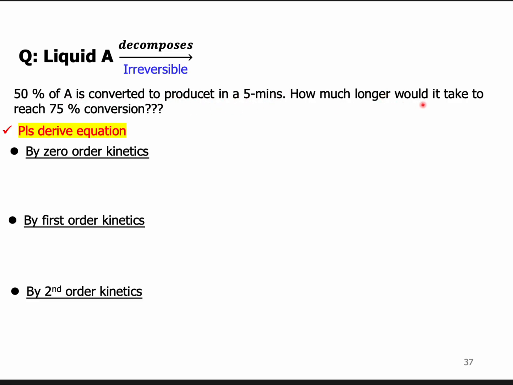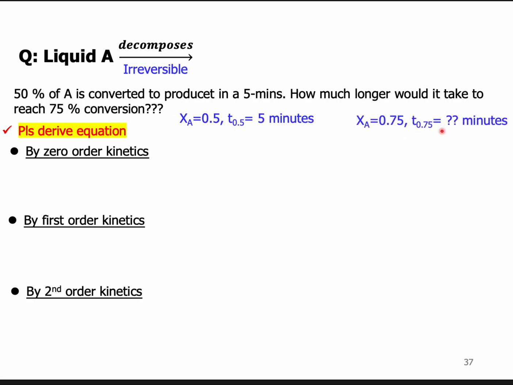How much longer will it take to reach 75% conversion? So 50% of A converted means XA equals 0.5. This is quite important. And it takes 5 minutes. And how much time does it take to reach 75% conversion, meaning XA equals 0.75?